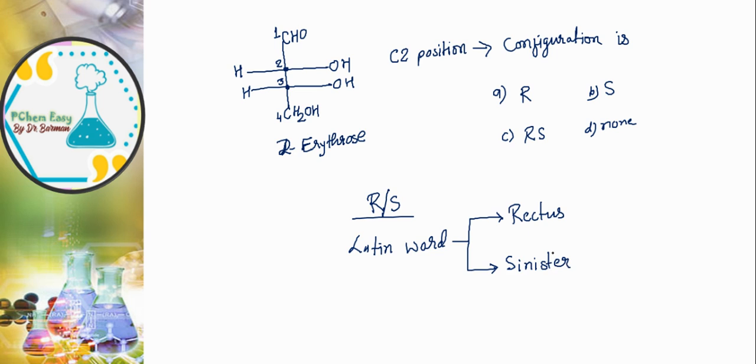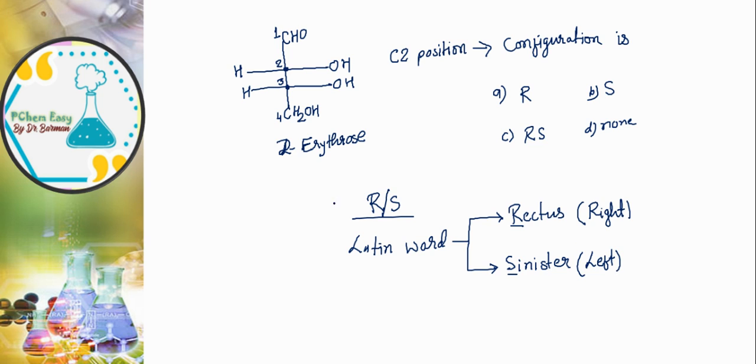So these two words are Latin, and R and S are taken from here. Rectus means right, sinister means left. In Latin, rectus and sinister, so the meaning of rectus and sinister is right and left.